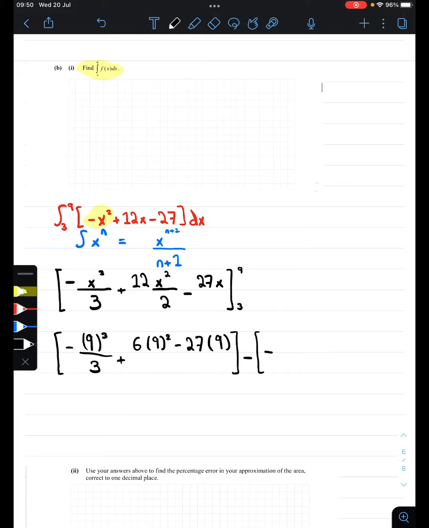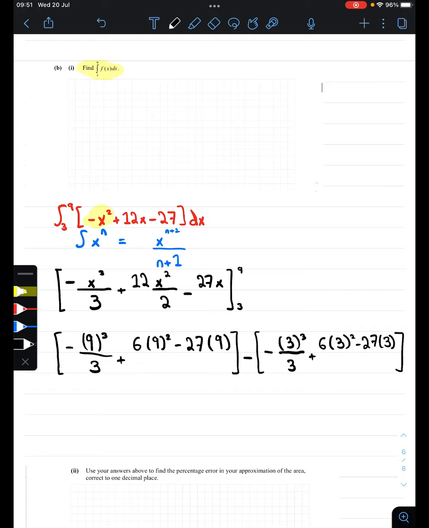So again, we have minus 3 cubed over 3 plus 6 by 3 squared minus 27. Sorry, that looks crap. Okay.